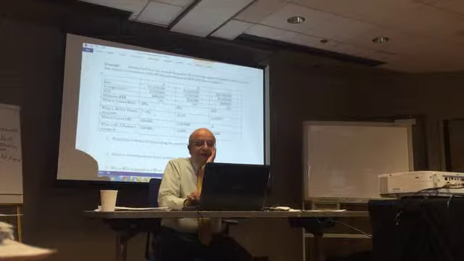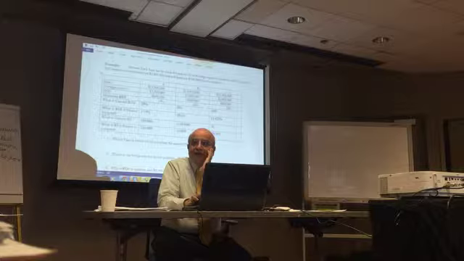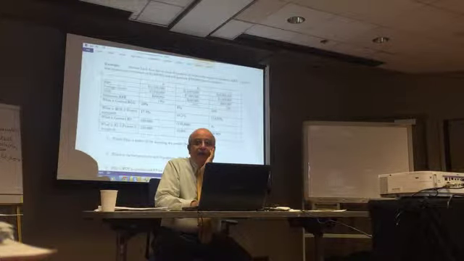The next one is 560,000 divided by 7 million, which is 8%. 560,000 is our income, 7 million is our assets. And here we have 5,800,000, so it's exactly 16%.